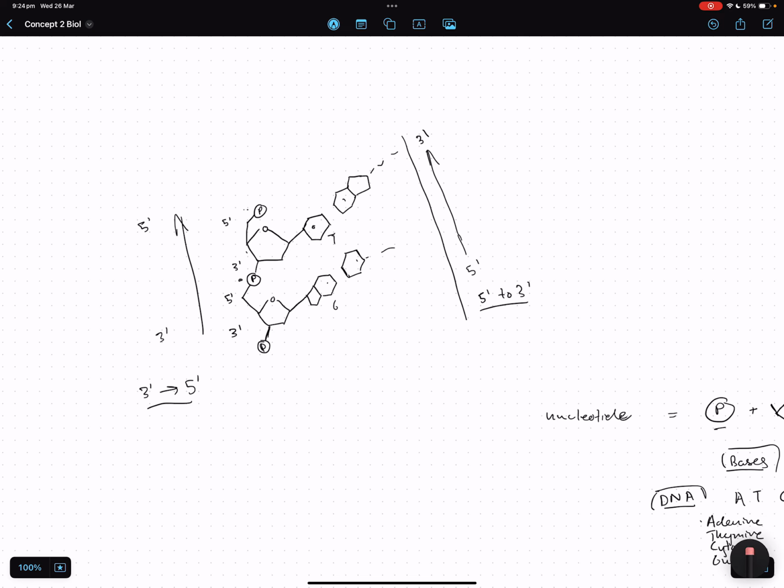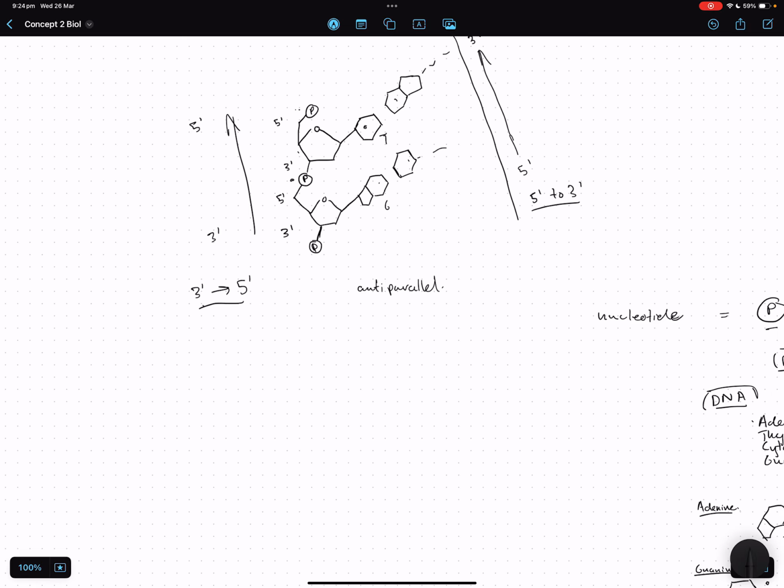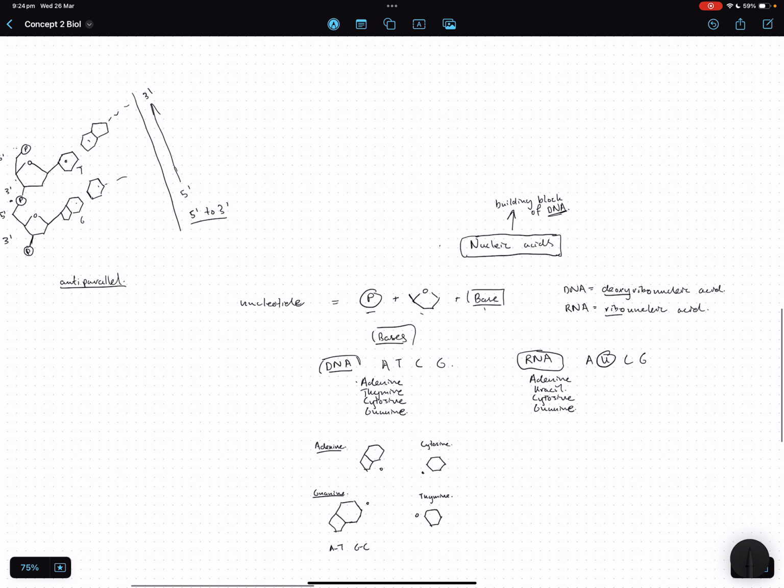Double helix. It's like a shape. And they run anti-parallel. That's very important. So one goes 5' to 3', the other one goes in the opposite direction, like when we're talking about carbon numbers in the ribose sugar.